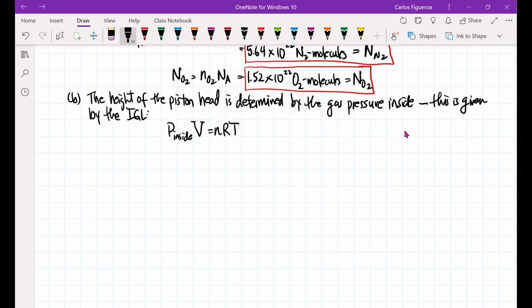So we know what the temperature is, we know the number of moles, and we're trying to find the volume to get that height. So what we have to do is compute this first.